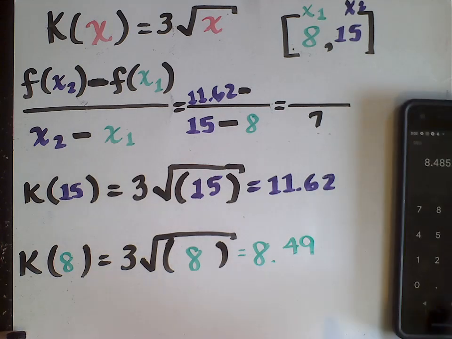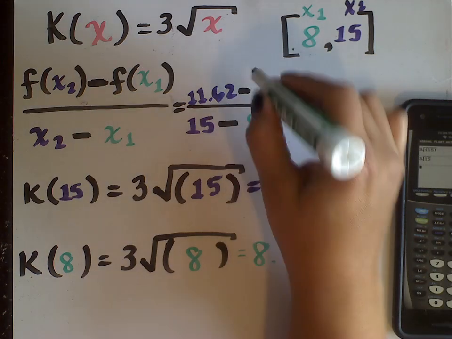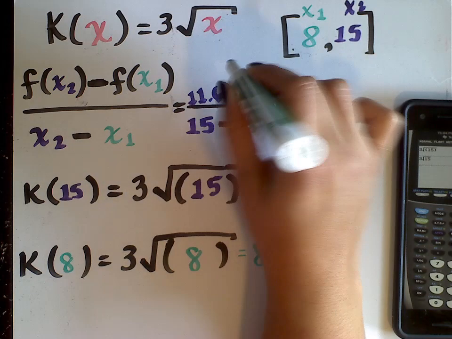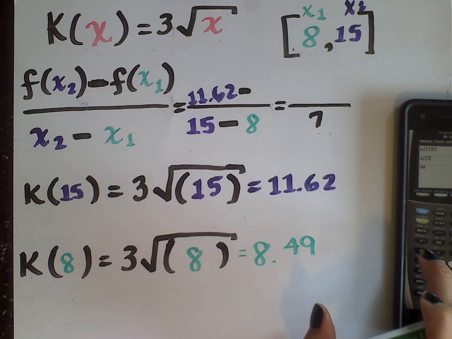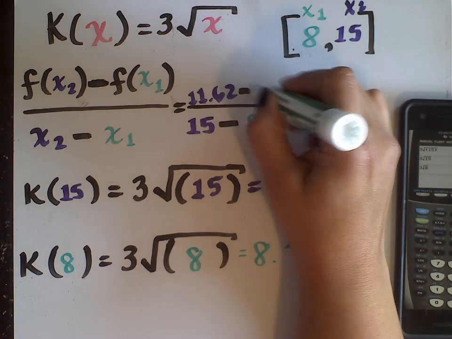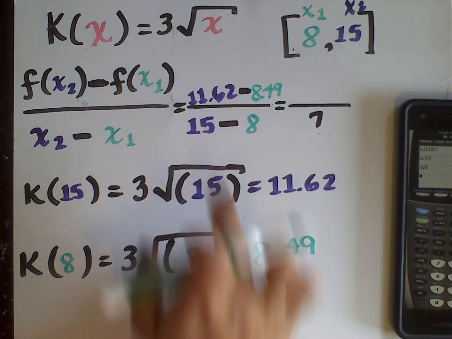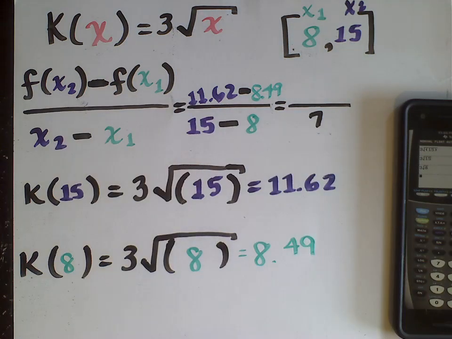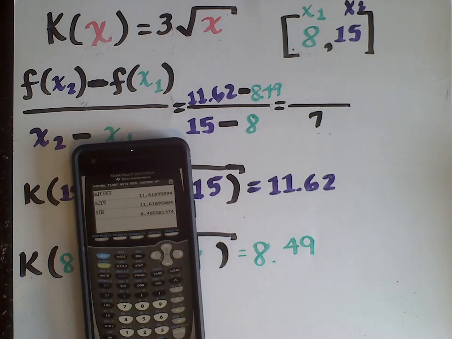The only reason I would suggest using this Wabbit Emu is because, let's see here, I'm going to type that in again to make sure that I have the right answer. Okay, 8.49. Whenever I subtract these, I've already been doing a lot of rounding, and I just want to make sure I get the right answer.